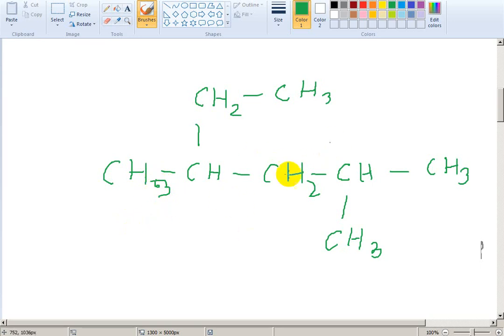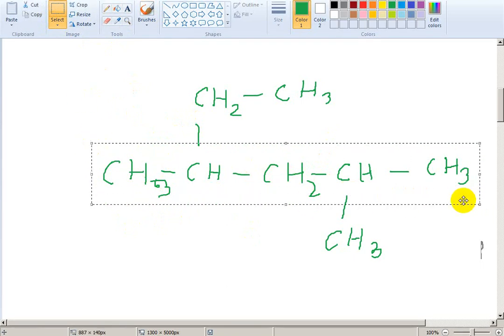At first we will check which is the longest branch. This branch will be the parent compound. How many carbons? 1, 2, 3, 4, 5. 5 carbons.